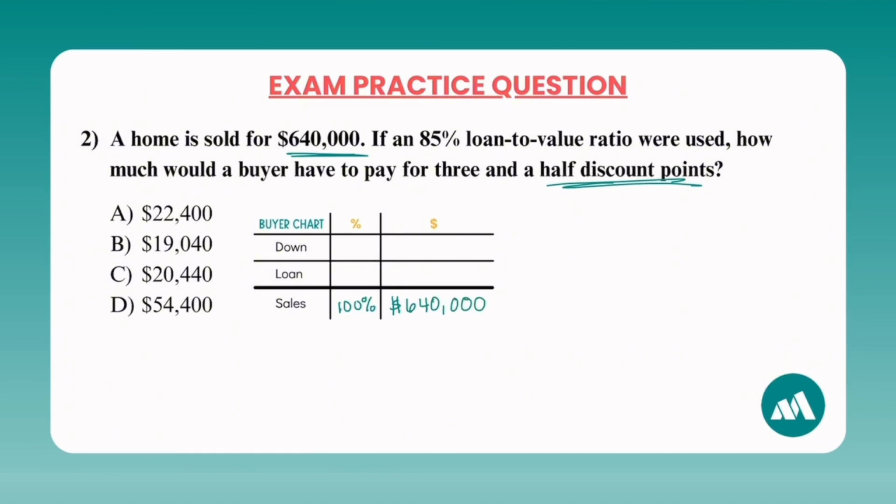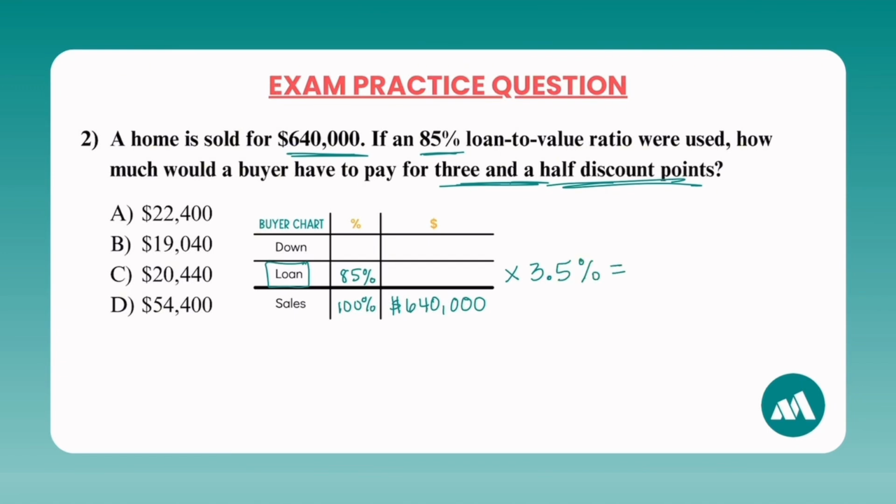$640,000. We now have an 85% loan to value ratio. 85% loan to value ratio will go in this box. Now they want to know if they have to pay 3.5 discount points. Remember, points are always attached to the loan amount. So all we have to do is multiply by 3.5% here.